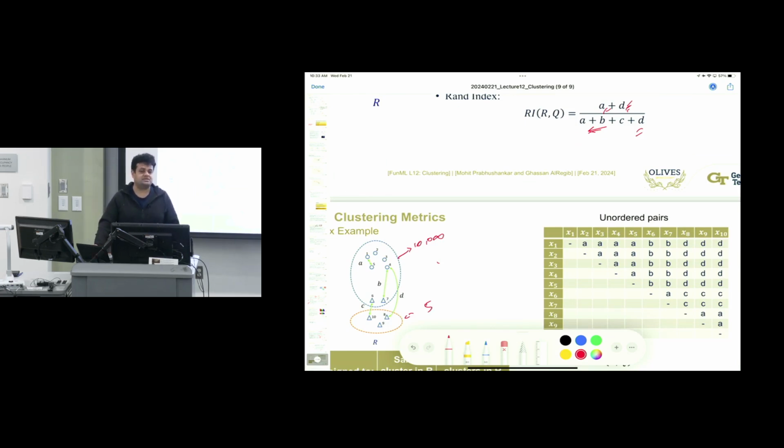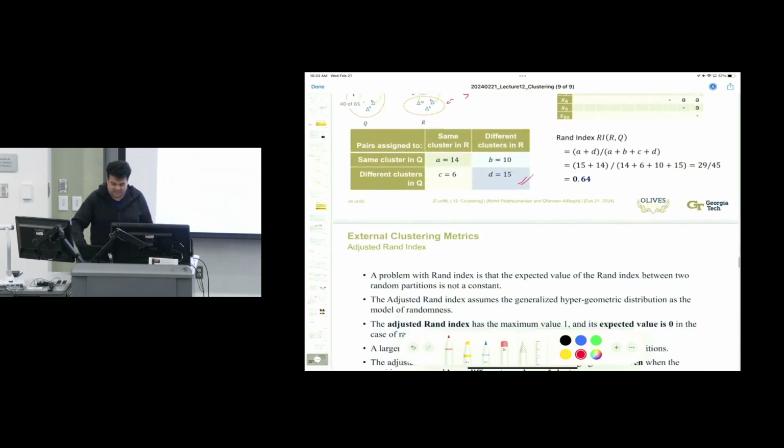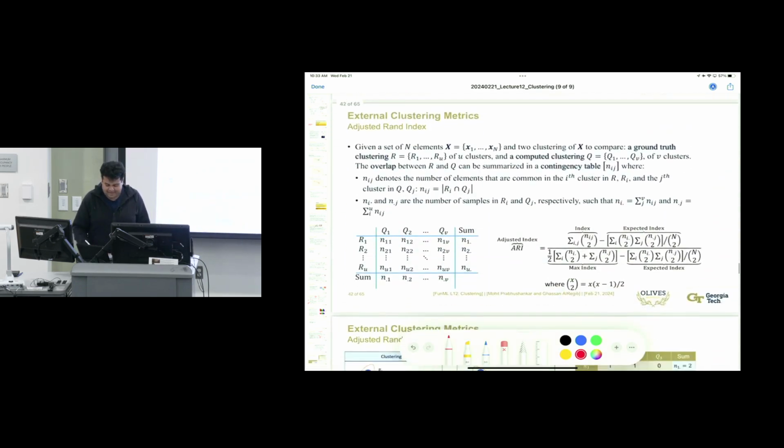So your RAND index is going to overestimate your result by quite a bit. So what we have is something called an adjusted RAND index. This is like the formula for this. Now I'll motivate how you get this, but again, it's n choose 2 in order to get these results.